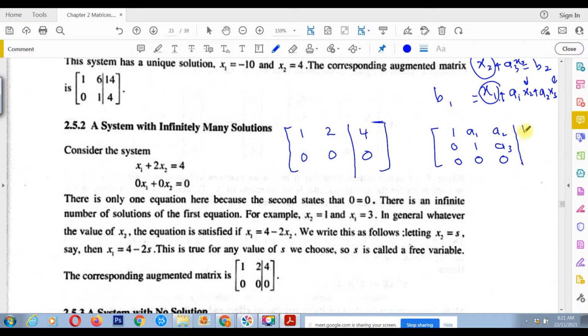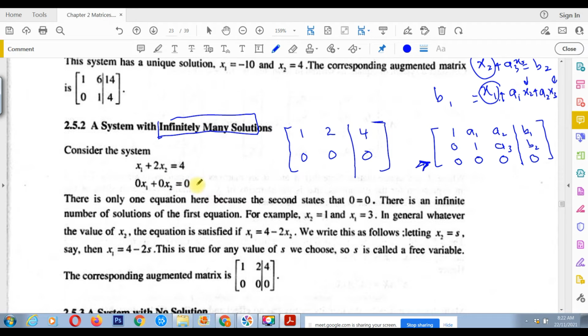So this is b1, b2, b3. b3 is 0. If we get this equation, remember this matrix will have infinitely many solutions, because 0 s1 plus 0 s2 equals 0.